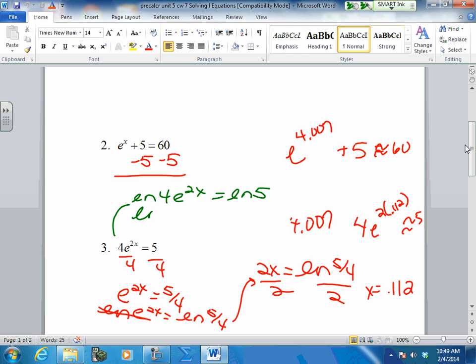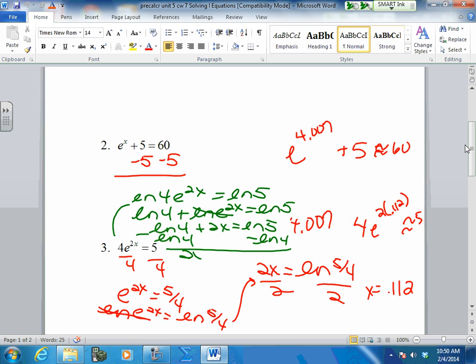So we're going to add this. So let's see if this works for us. This comes out. Subtract ln 4 from both sides. And then what?